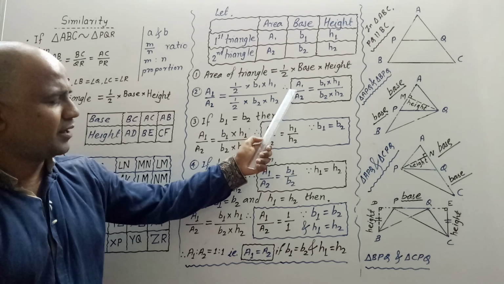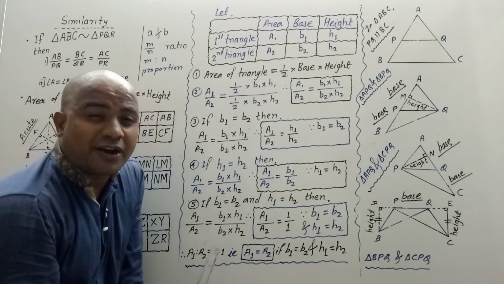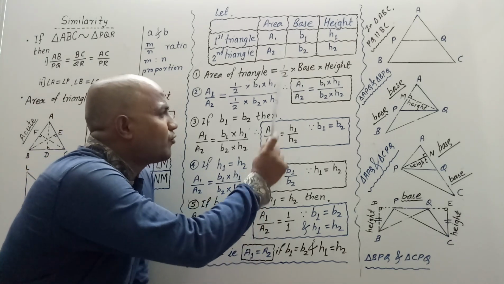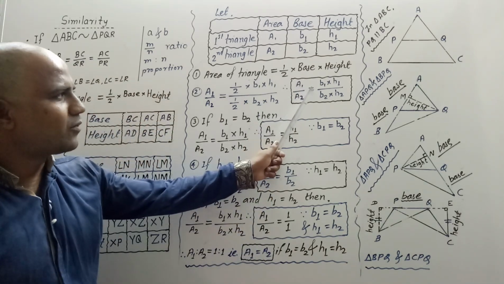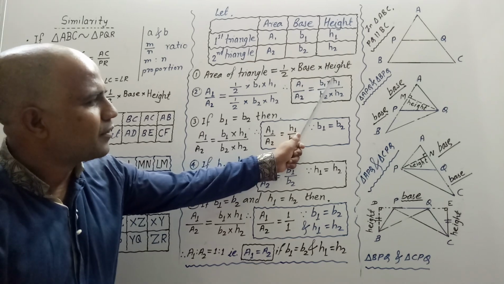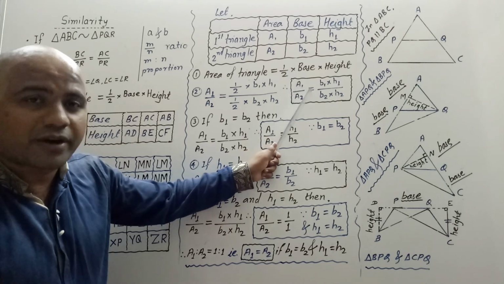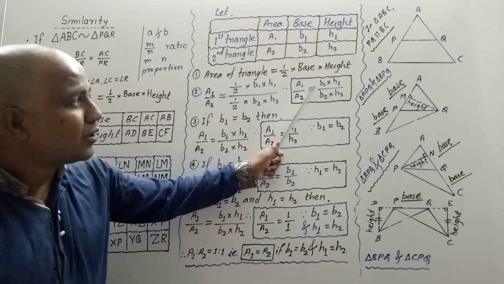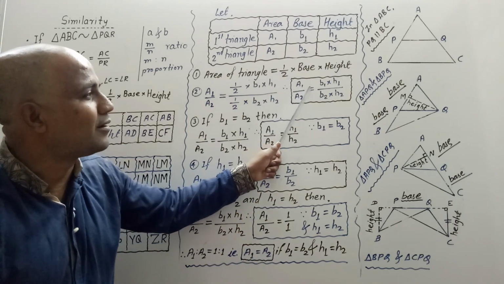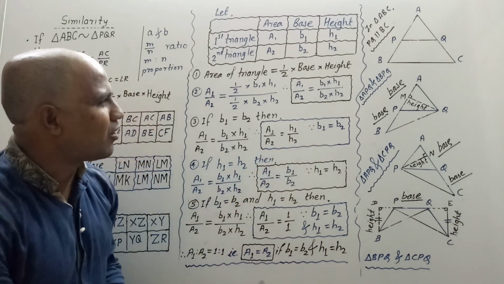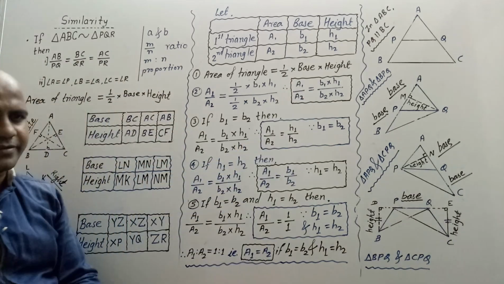We can write this in our textbook page number 2. How to read this? What is the meaning of this symbol? Ratio. The ratios of areas of two triangles. The ratios of areas of two triangles is equal to the ratio of product of their base and corresponding heights.